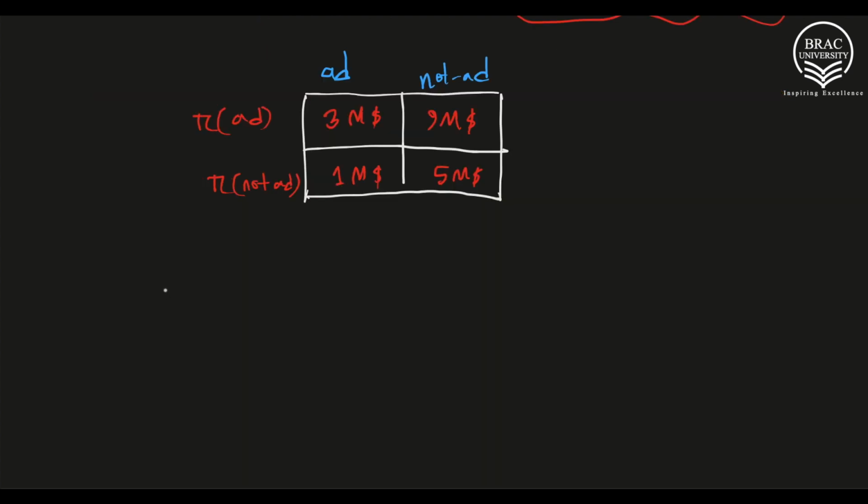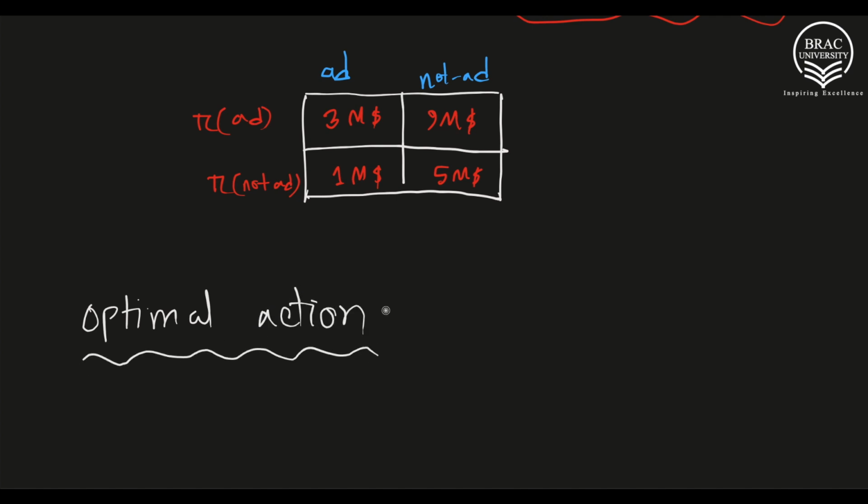So while we are discussing payoff, another important definition is the optimal action, and we denote this optimal action using the notation A star. And of course, A star would belong to the set of all actions.